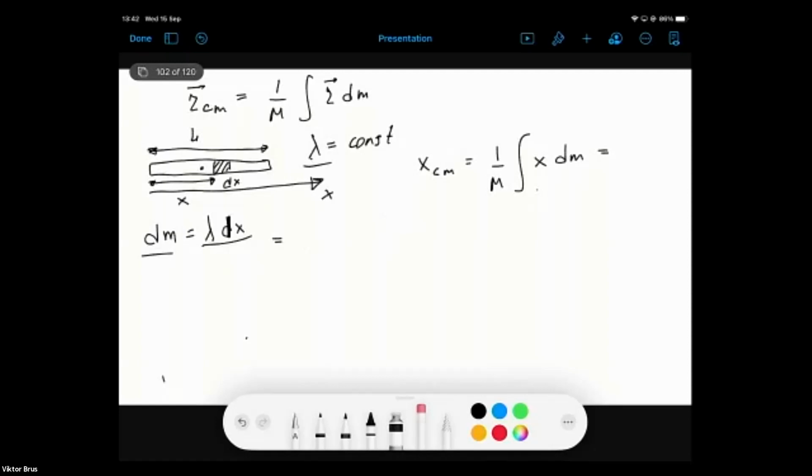So let us write that lambda is equal to alpha times x. So it will increase from x equals 0, from 0 to some maximum value, which will be alpha times L.